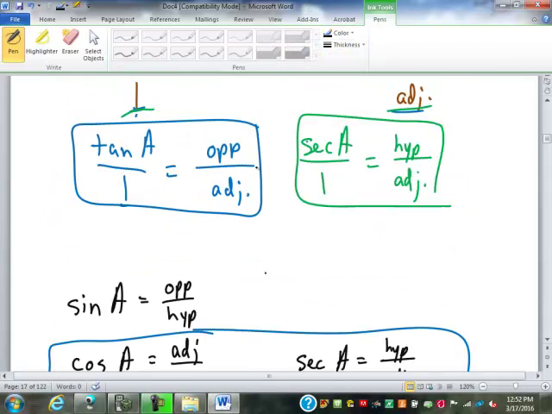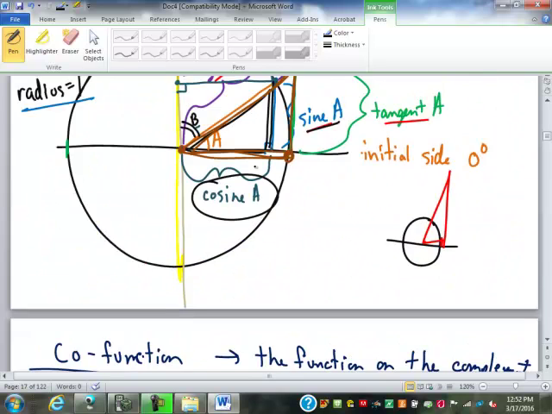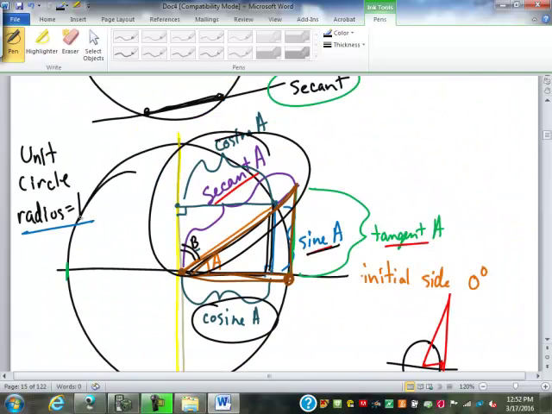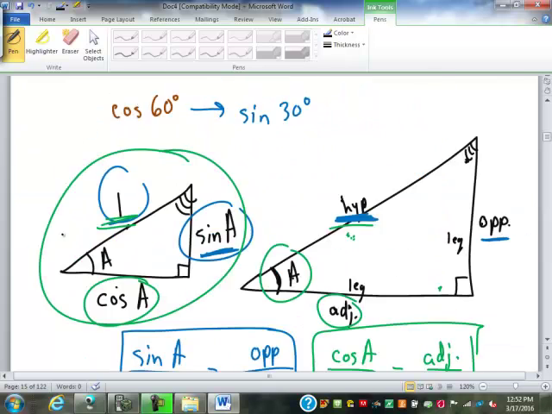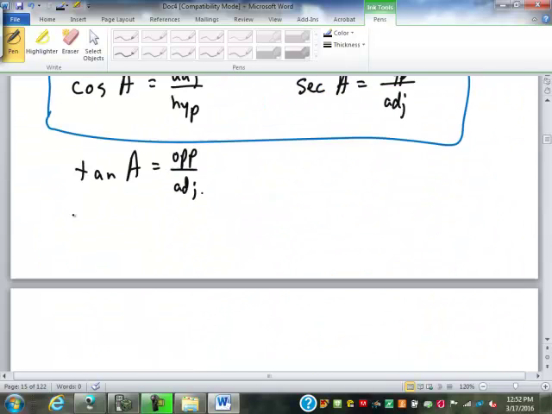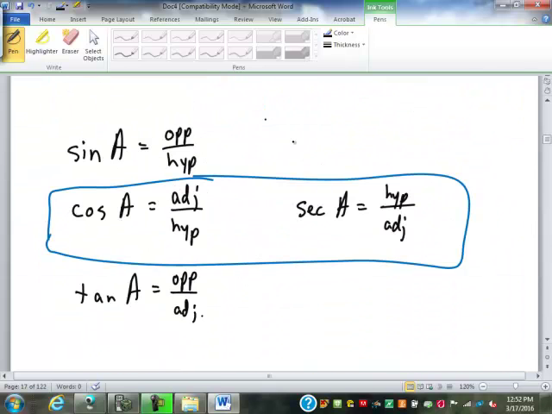I could draw in those other triangles up top here and do the same thing, but I'm just going to give you these other functions. Cosecant, abbreviated CSC, of an angle is equal to the hypotenuse divided by the opposite side.